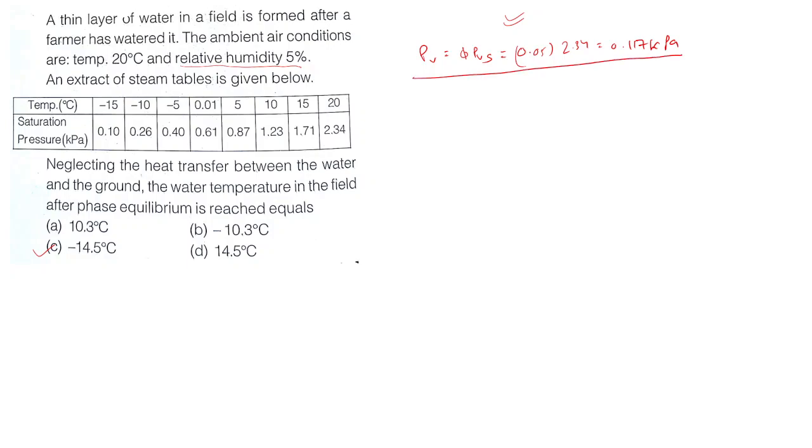Okay. When heat transfer will take place, how does heat transfer come in here, that I want to know. Sir, here it is written: neglecting the heat transfer between water and the ground, the water temperature in the field after phase equilibrium.